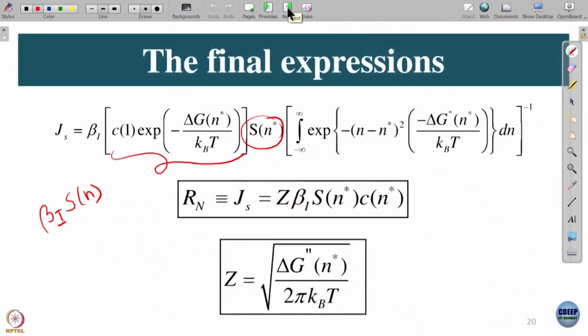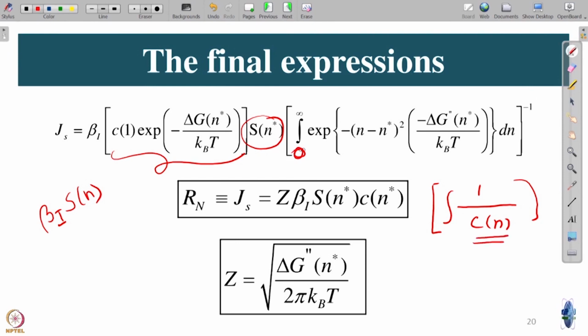Note that this particular integral is from 0 to infinity, but I will extend it from minus infinity to plus infinity.